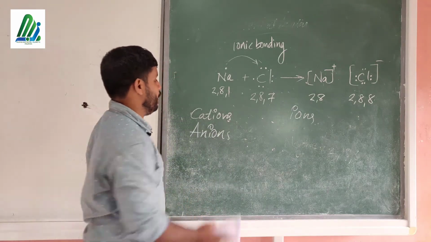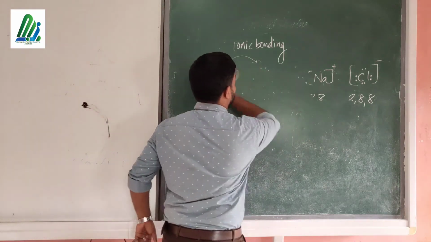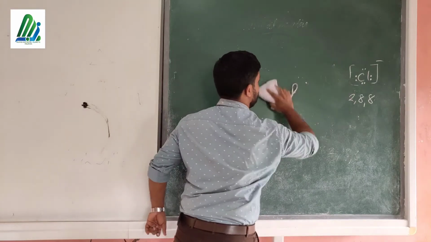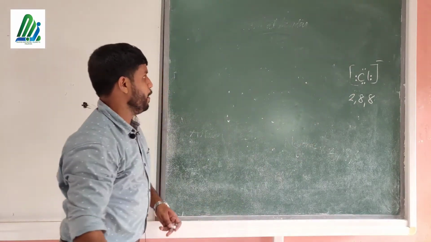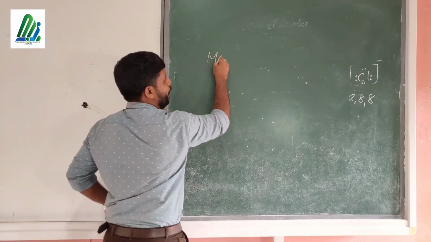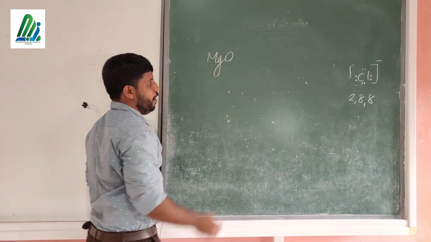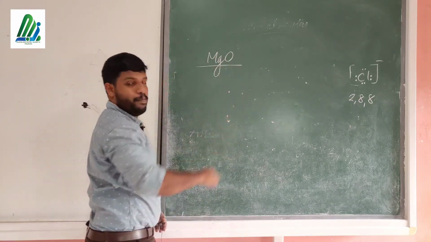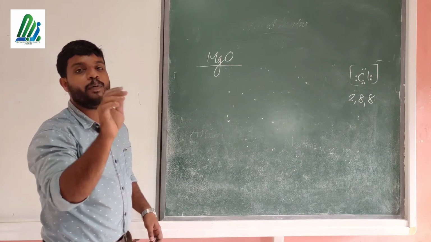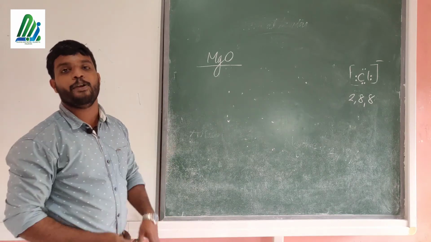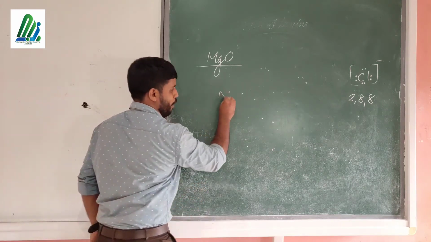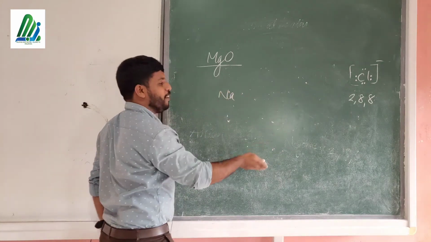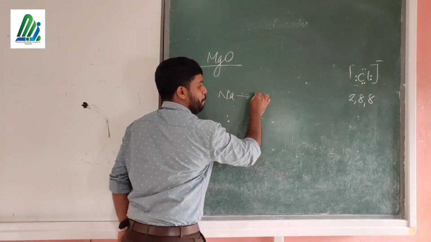Next, we are going to discuss ionic bonding in the case of magnesium oxide. Before that, we are going to become familiar with one more thing related to the equations we write for the ionic bond. In the case of sodium chloride, sodium donated one electron and became Na plus.